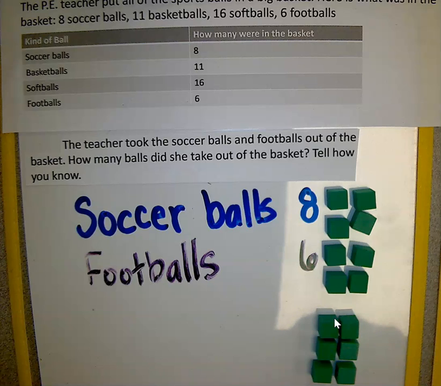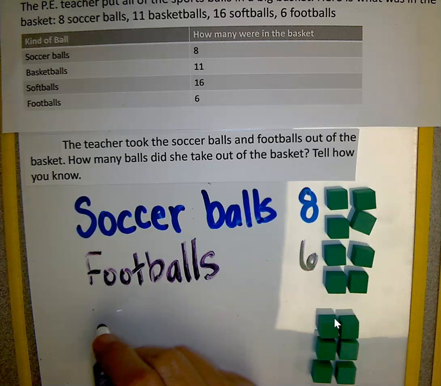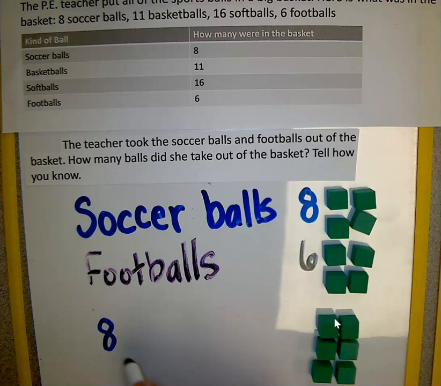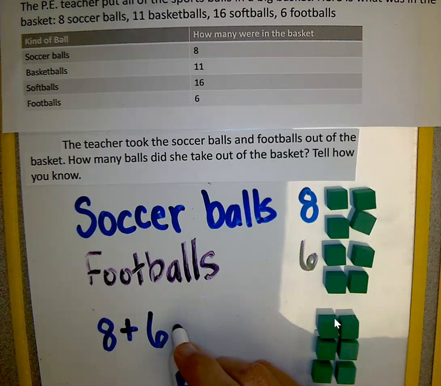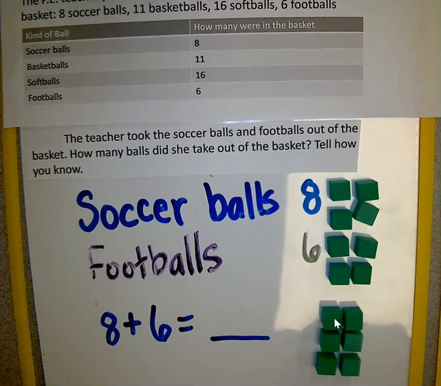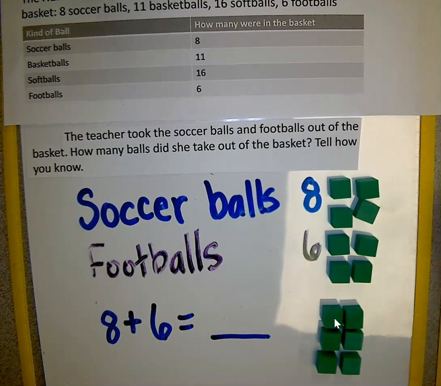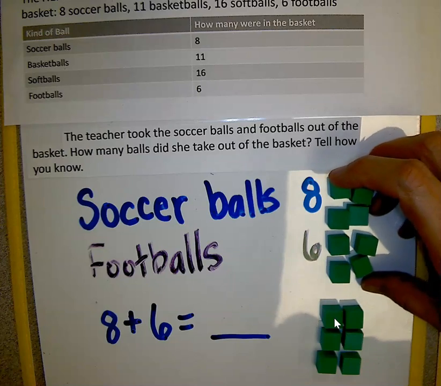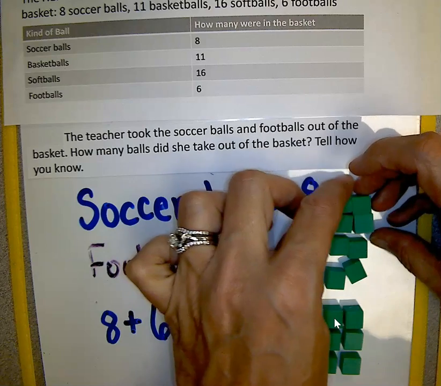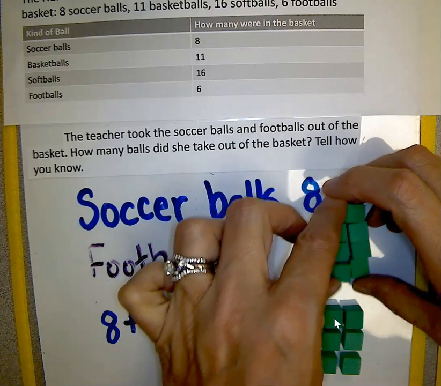So, how can we determine how many balls that she took out of the basket? We know that we have to take our 8 soccer balls and add our 6 footballs to it to determine how many balls that she took out. So if I have 8, what can I add to that?